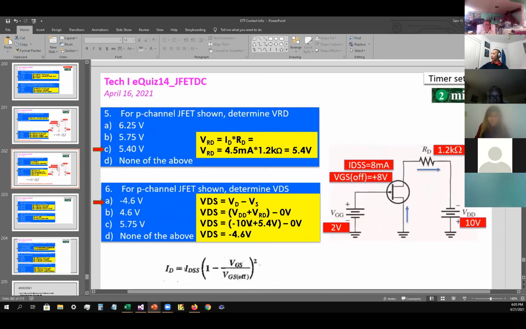Whatever it is has to total negative 10 volts here. So that's why you get negative 10 volts plus the 5.4 volts. The 5.4 volts is the VRD right here. VDS is then the negative 10 volts side.